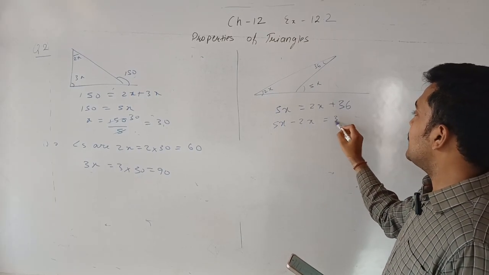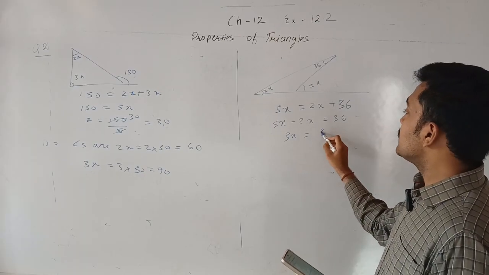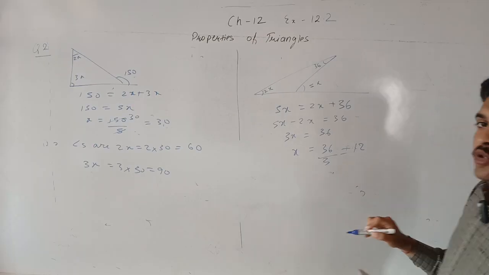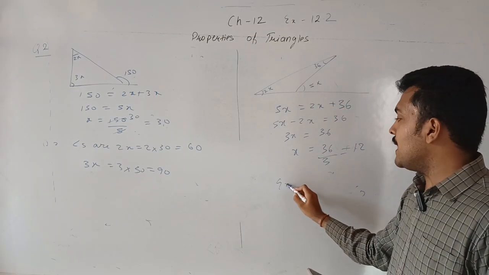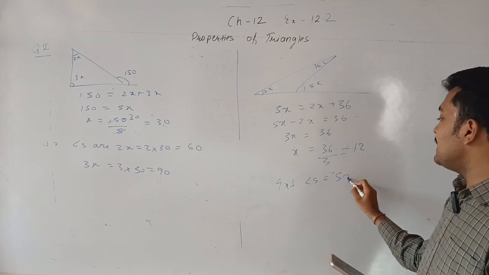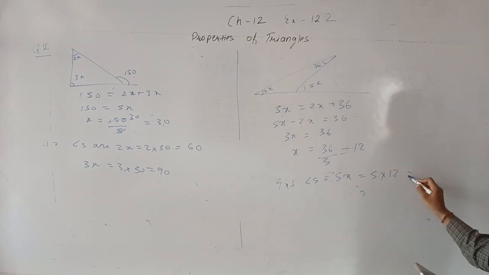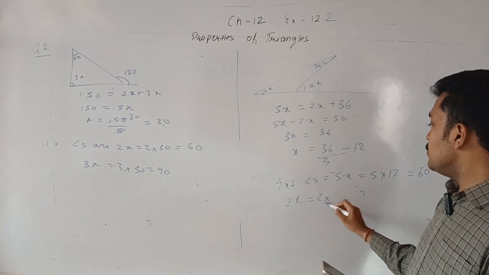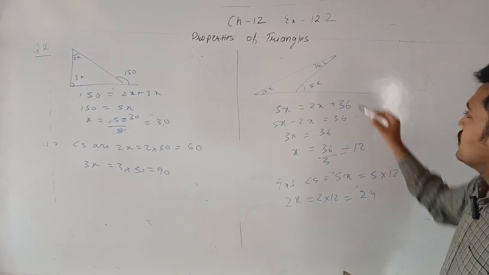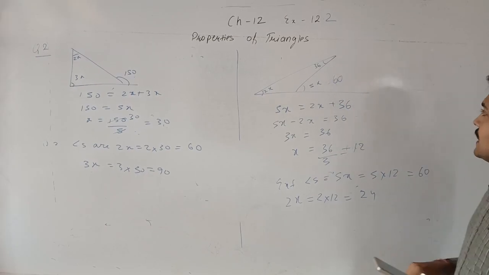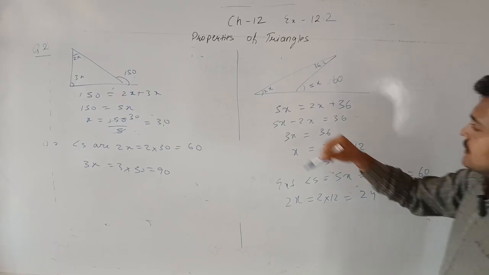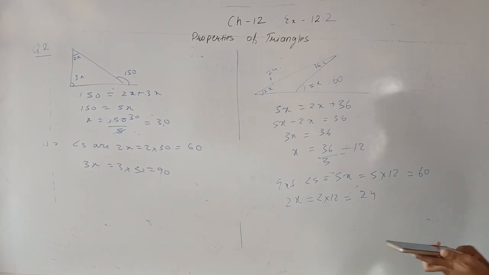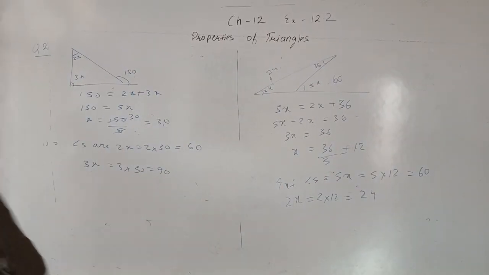Therefore, 5x minus 2x is equal to 36, 3x is equal to 36, x comes out to be 36 divided by 3, which is 12. So exterior angle 5x is equal to 5 into 12 is equal to 60. And the other angle 2x is equal to 2 into 12 is equal to 24.